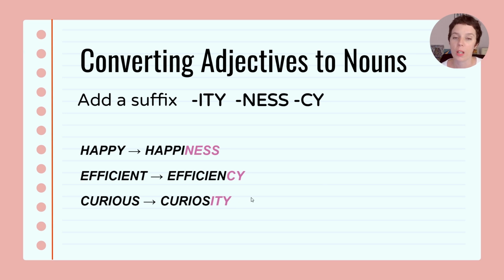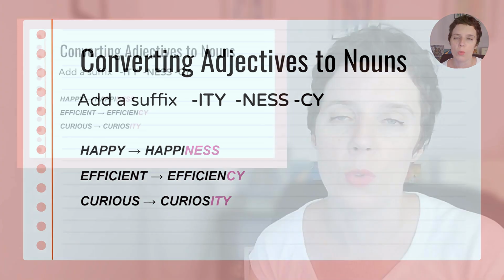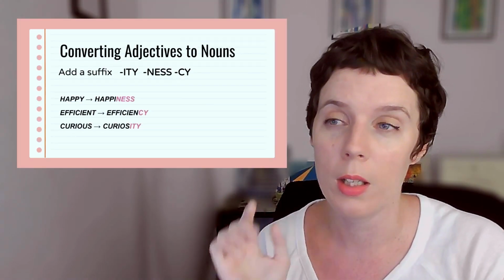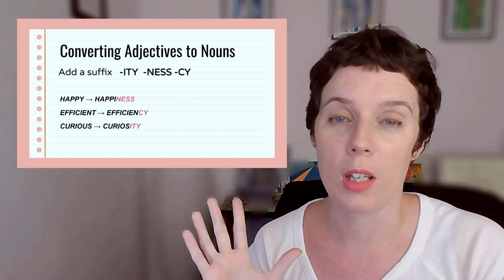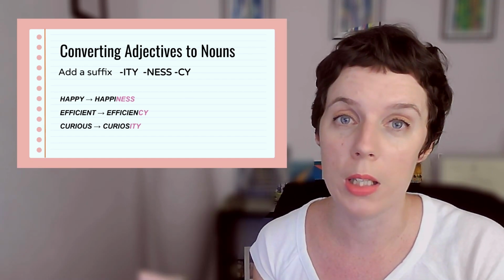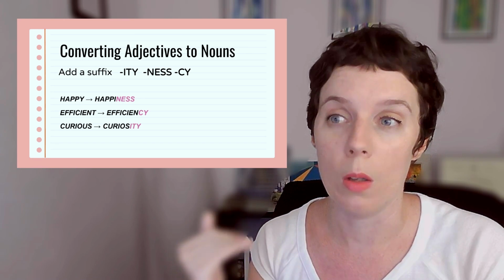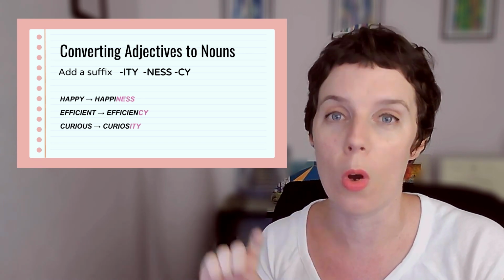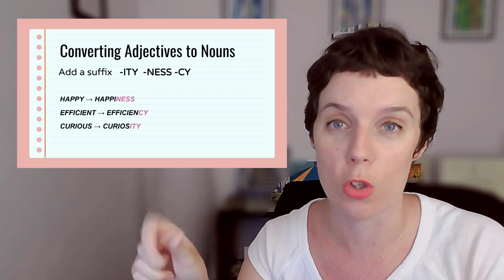Watch out for any spelling changes as well, internal spelling changes like taking out the U, it's just an O. Same with happiness, you've got to take out the Y and add an I. So just be wary of those internal changes, also in word formation. In your word formation, the main mistake people make, the way that they lose points, is spelling errors. So make sure that you know not only to add a suffix, but to change the spelling as well if it's needed.